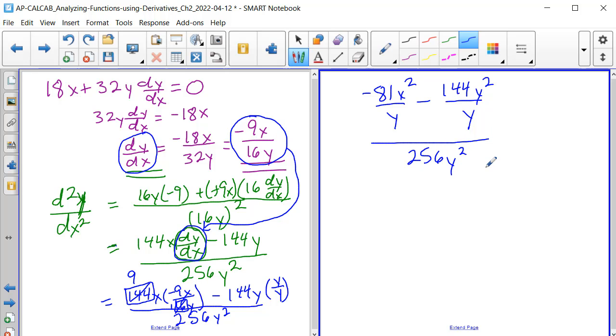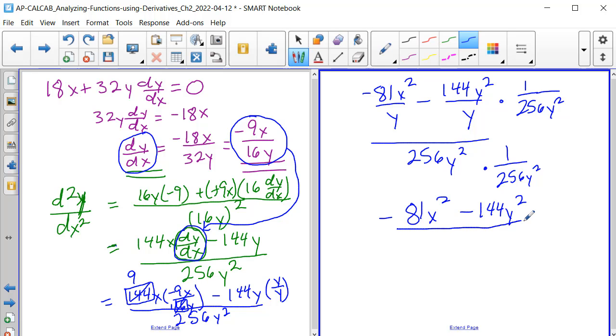256 y squared. And now we're going to multiply both the numerator and denominator by 1 over 256 y squared. And that will make our expression become negative 81 x squared minus 144 y squared, all divided by 256 y to the third.